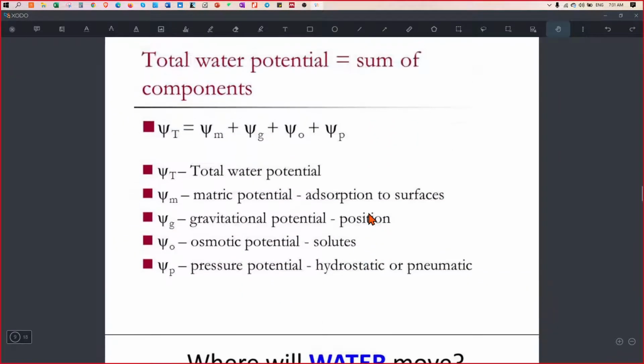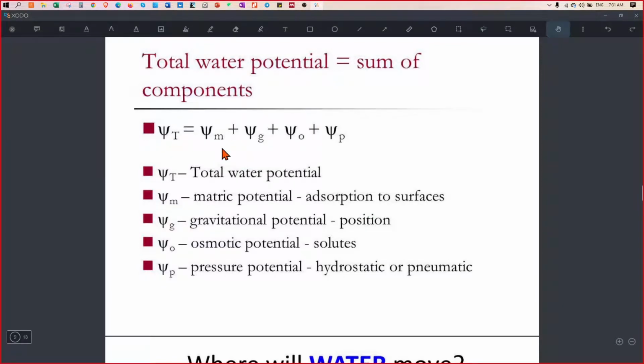The water potential actually has components. To get the total water potential, it has components. The common components are the matric potential, absorption to surfaces, then the gravitational potential, and the osmotic potential, which in certain books is written as psi s.